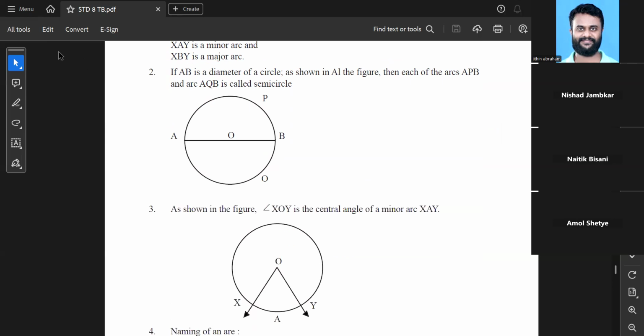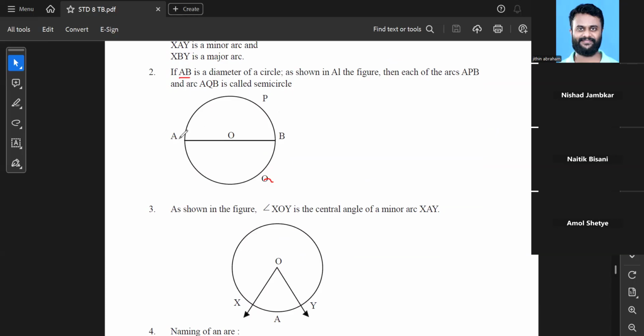Now the second point about arc is: if AB is a diameter of a circle as shown in the figure, then each of the arcs APB and AQB, this is Q, are semicircles.